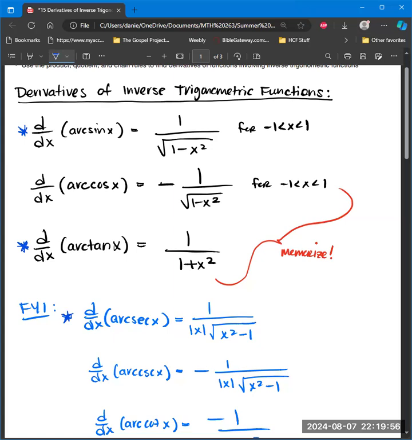So what you want to see here is that arc sine here is only for x values that are between -1 and 1, because that's the range of the sine function.